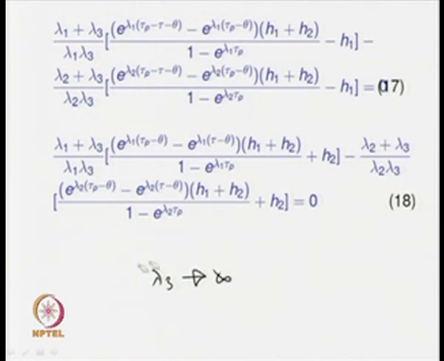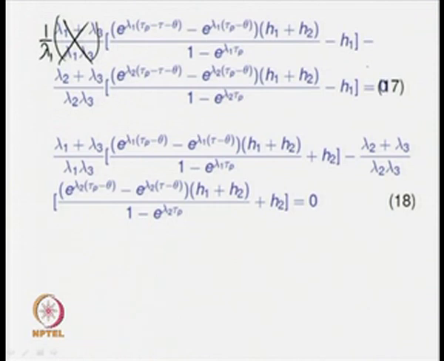We will put those conditions now. Then what will 17 look like? If you see, this term can be written as 1 upon lambda 1, because we get 1 upon lambda 1 plus 1 upon lambda 3, and lambda 3 is infinity. Therefore, I will be left with 1 upon lambda 1 for this factor.